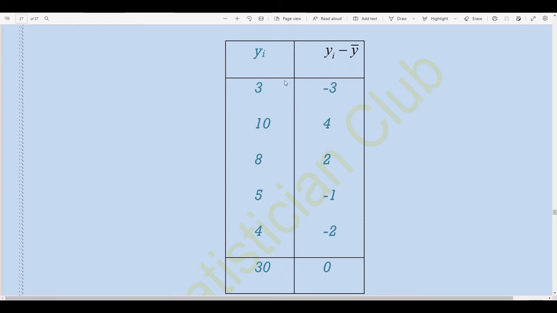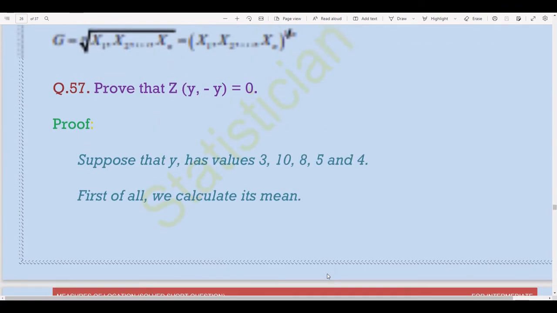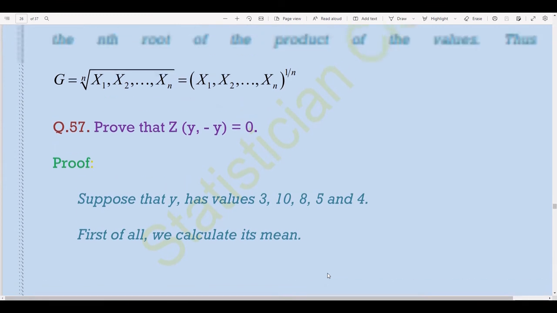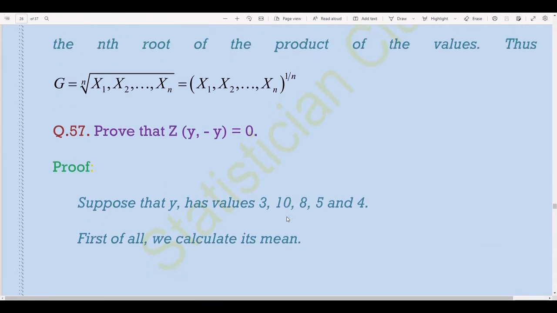yi minus y bar: 3 minus 6 is minus 3, 10 minus 6 is 4, 8 minus 6 is 2, 5 minus 6 is minus 1, 4 minus 6 is minus 2. The sum is 0. So this is the first property that we read: the sum of deviations from the mean is 0.